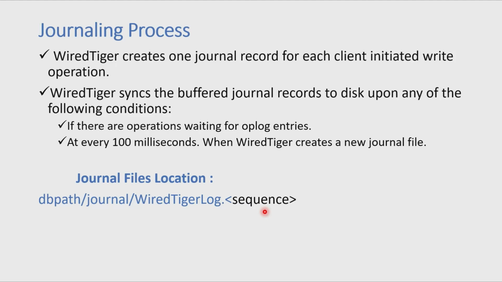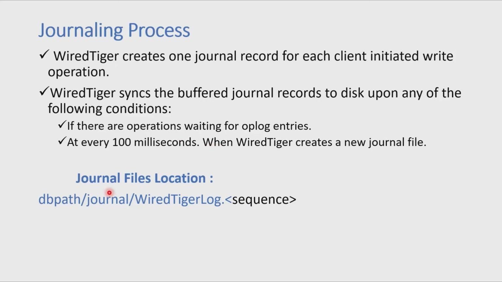Then WiredTiger syncs the buffered journal records to the disk in either of two scenarios: every 100 milliseconds, or when the size of 100 MB is crossed, then it is going to create a new journal file.